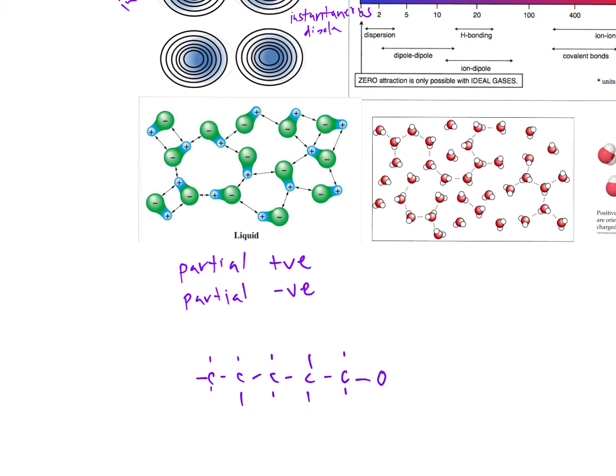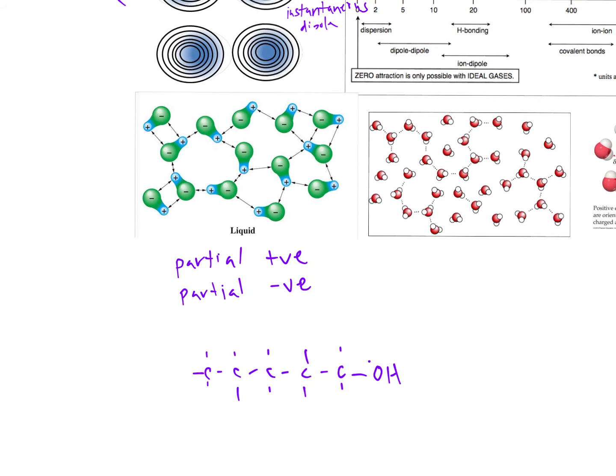Now, if I add an OH, thank you. Now we've got a group on this molecule where we have two lone pairs of electrons on our oxygen. We've got a different geometry, and this functional group will always have a dipole.